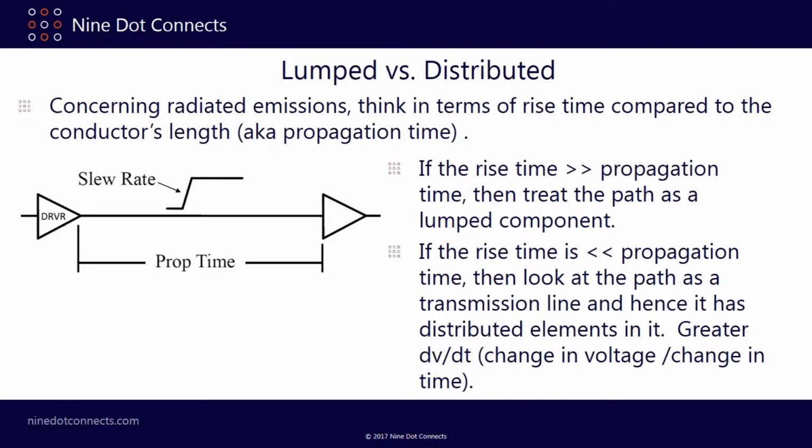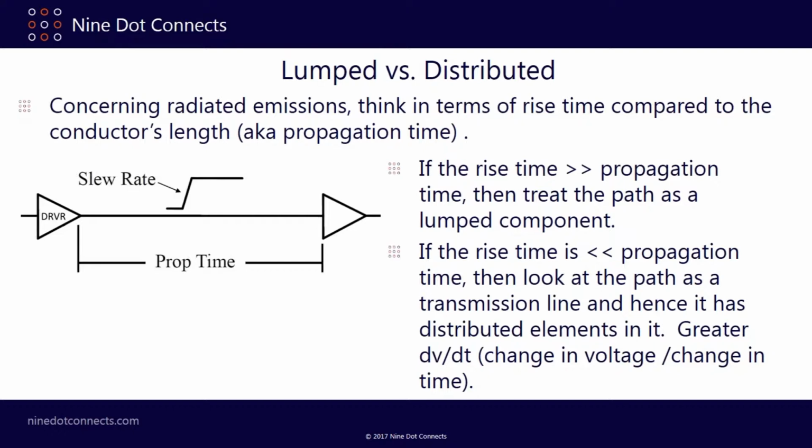Again, if you go back to the concept of what is a transmission line, you remember that we had distributed inductance and capacitance all along the line in equal increments. So it looked like as the wave was going through the transmission line, it was constantly seeing the same amount of inductance and capacitance in little individual sections, all the way going down the transmission line.